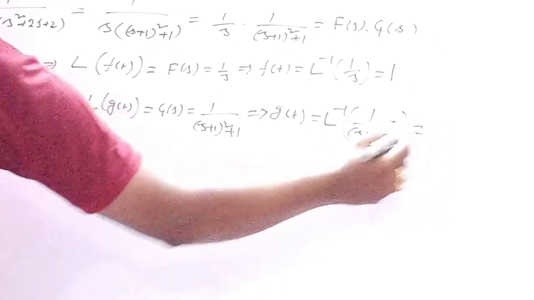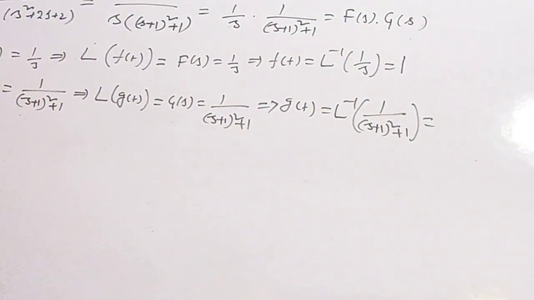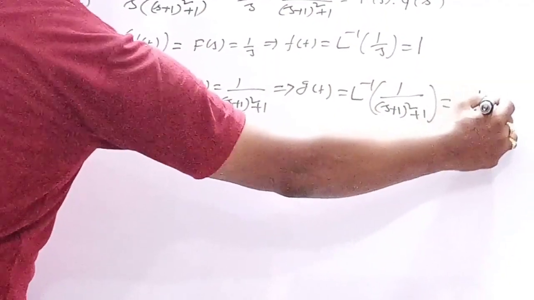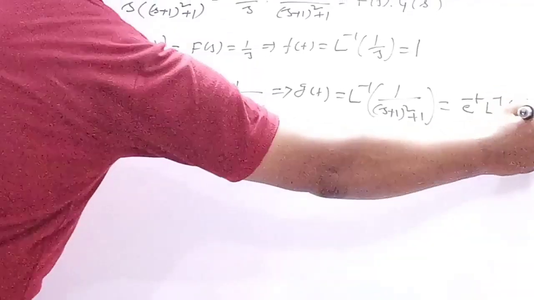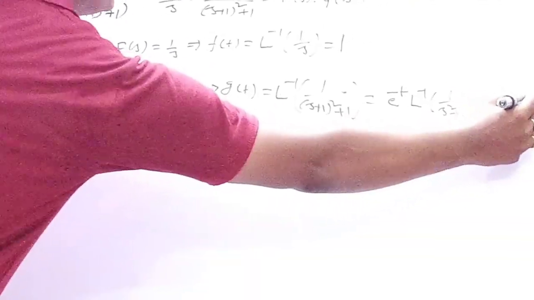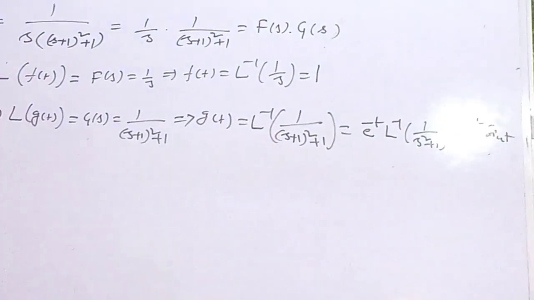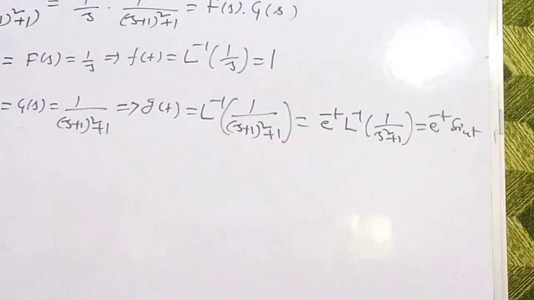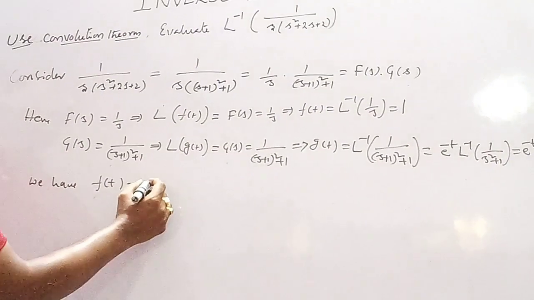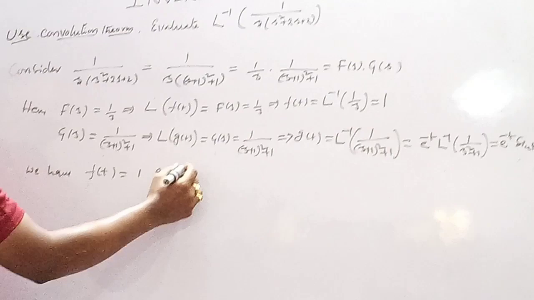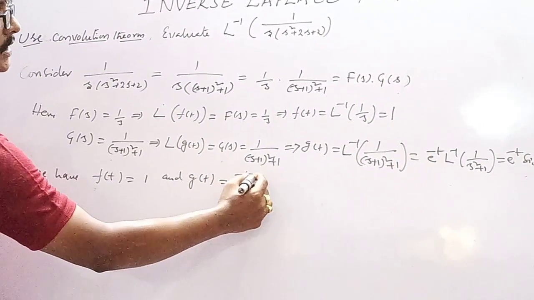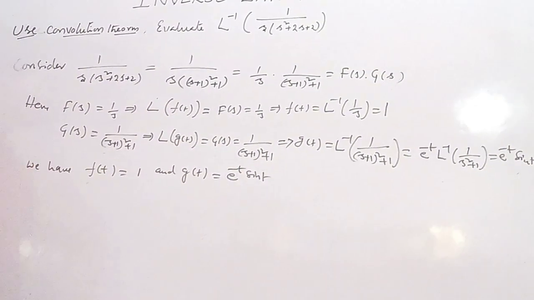Here you observe s is shifted to s plus 1, so it is e to the power of minus t into the inverse Laplace of 1 by s square plus 1, which is e power minus t into sin t. Therefore f of t equals 1 and g of t equals e power minus t into sin t.